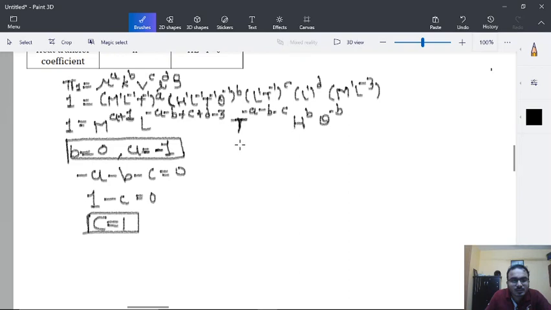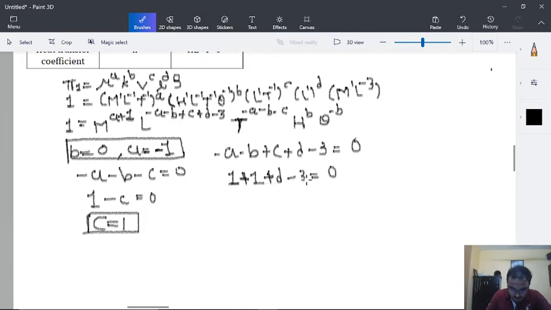So we can take this L power and we can obtain the value of d, which is in this way: -a minus b plus c plus d minus 3 equal to 0. So here instead of a we can write a plus 1 plus d minus 3 equal to 0. So here also the value of d will be 1.